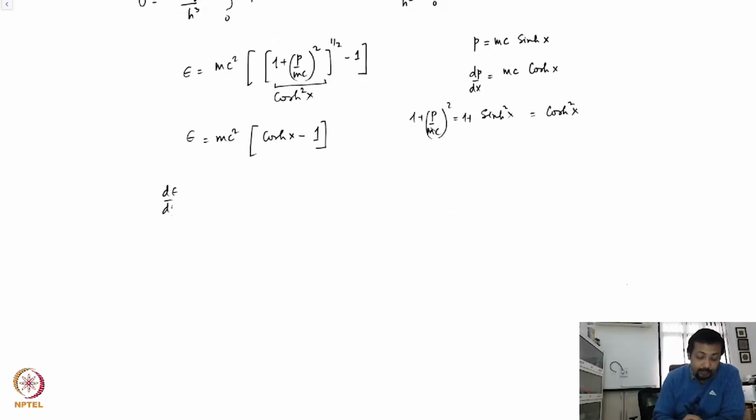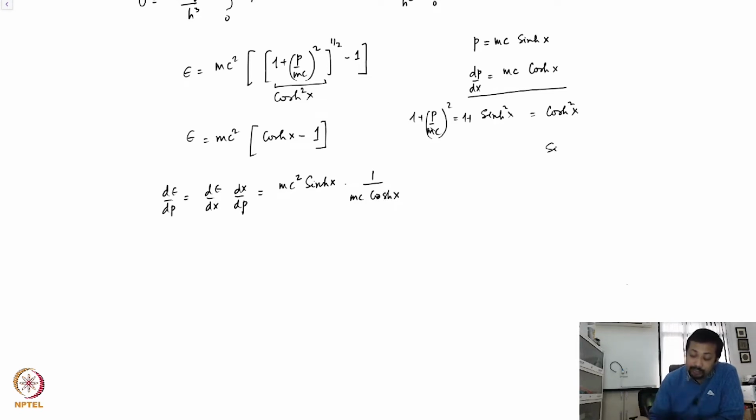d epsilon/dP, which we are also going to need, is going to be d epsilon/dx times dx/dP. d epsilon/dP is simply mc square sinh x times, as we have calculated, 1 over mc cosh x.